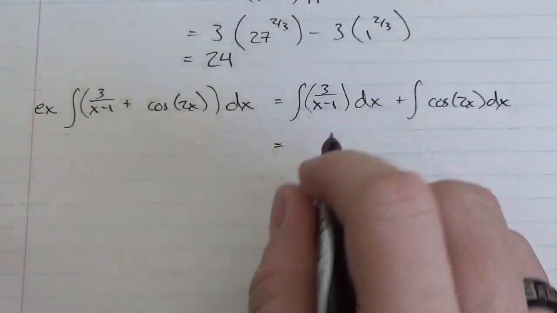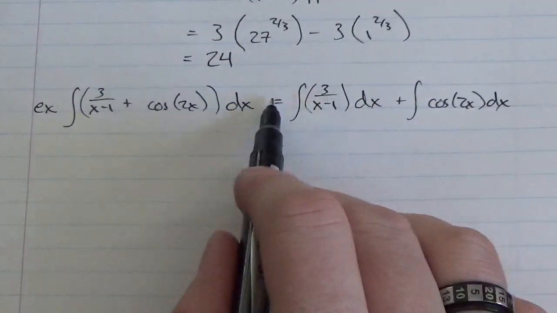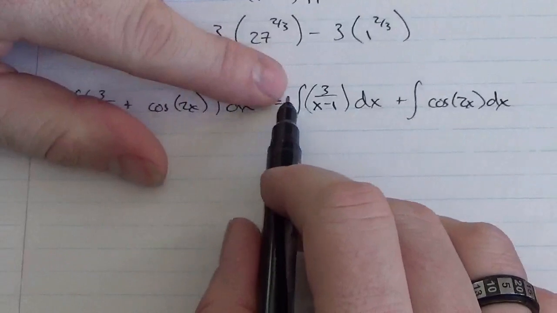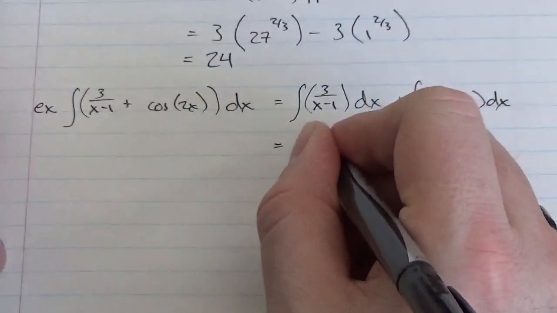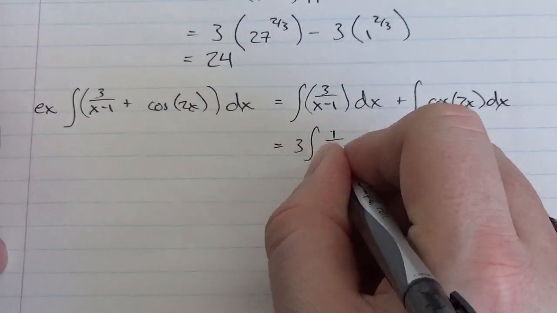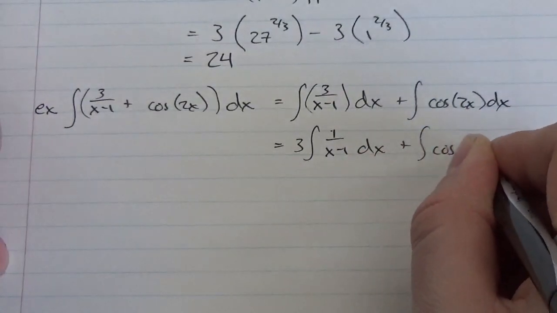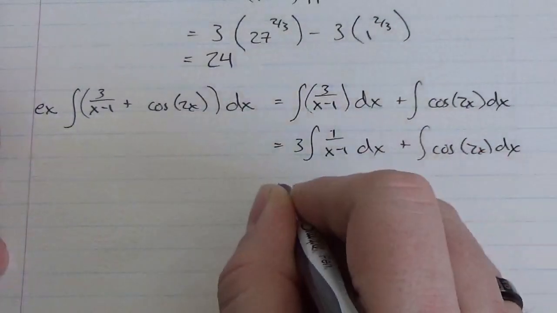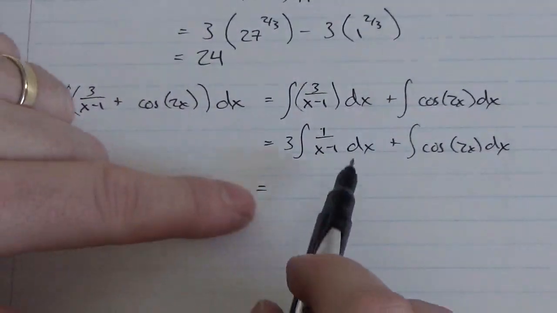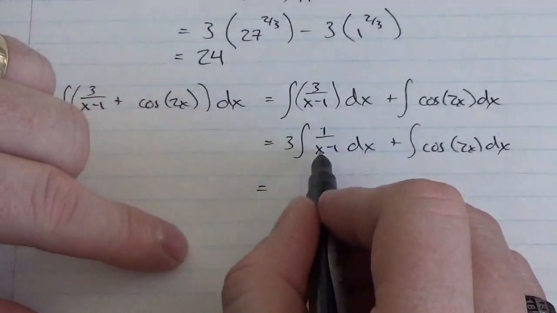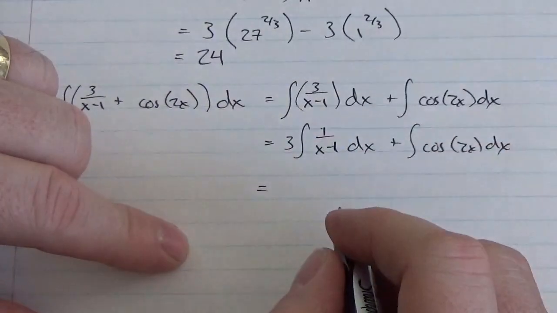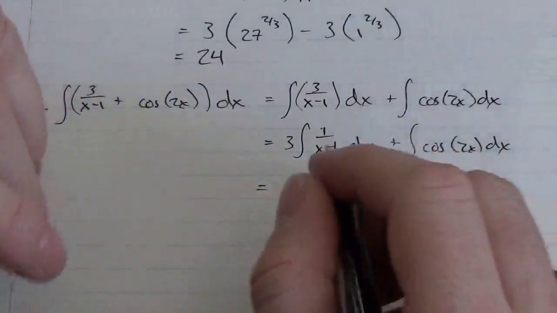Now I can pull that 3 out and really treat this as 3 multiplied by the integral of 1 over x minus 1 dx plus the integral of the cosine of 2x dx. And now, having a good look at this here, I recognize that pattern, the 1 over x minus 1. That is the natural logarithm.